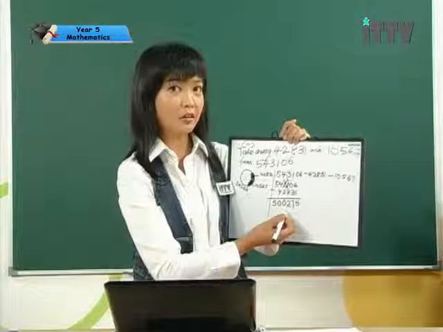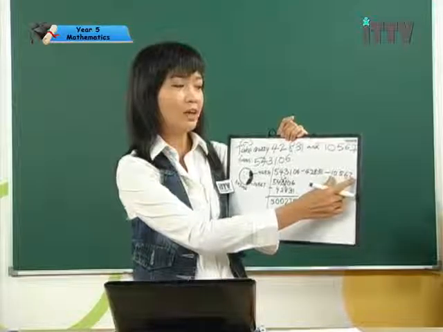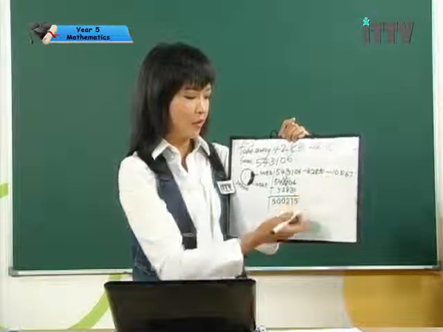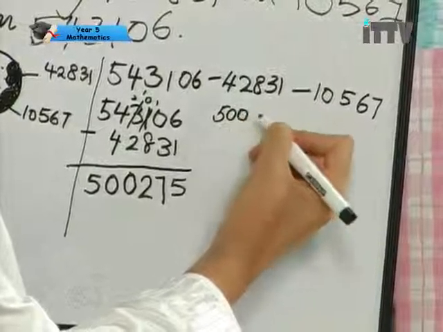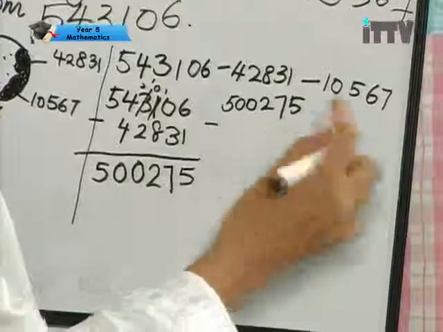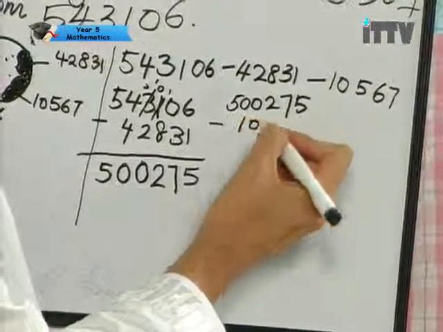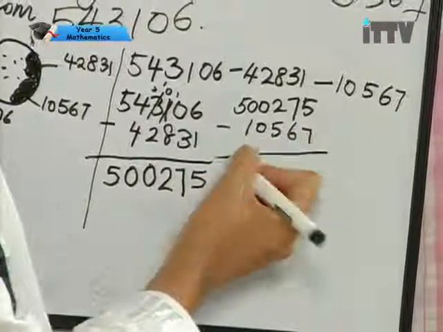Is this the answer? The final answer? Not yet. We haven't minused this one. So then 500,275 minus this one over here, 10,567.